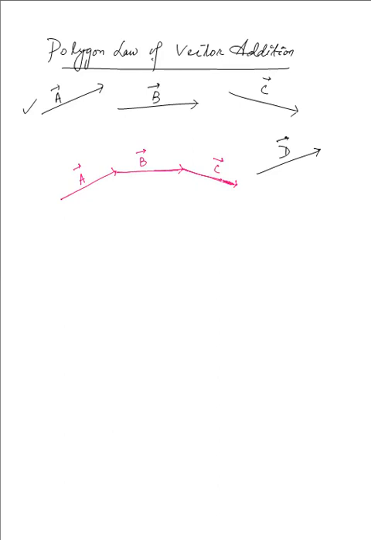So, for your convenience, I'll be drawing that D vector once again. As of now I'll be considering another D vector to make it easier for you to understand. Let me take the D vector like this over here. Let this be the D vector.